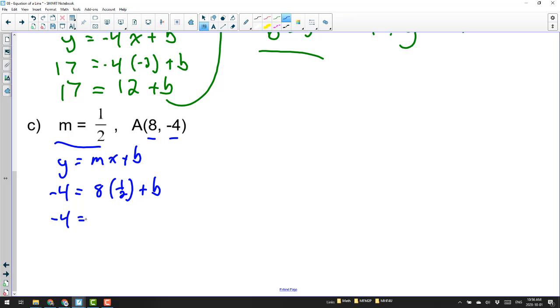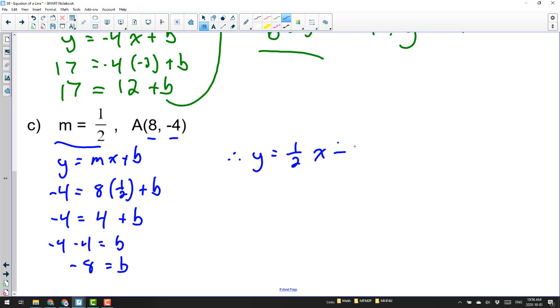So -4 is equal to 8 times 1/2 is 4 plus b. I will subtract 4 off both sides, and I get my b value is -8. I was given my slope, so therefore y equals 1/2 x minus 8.